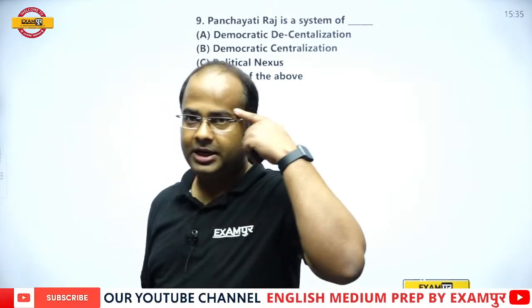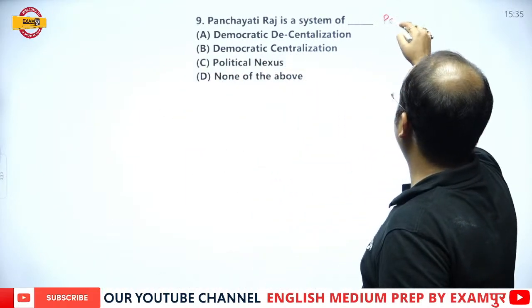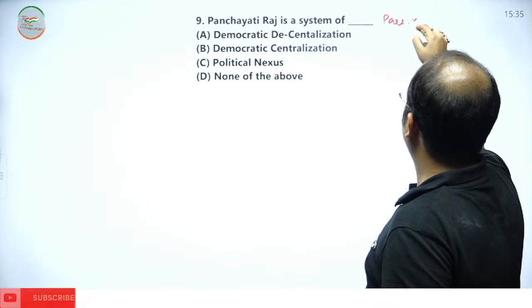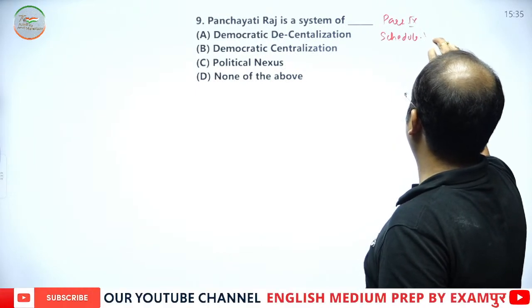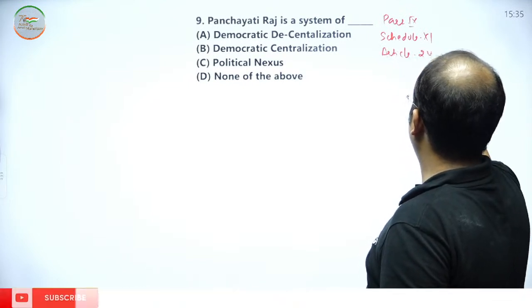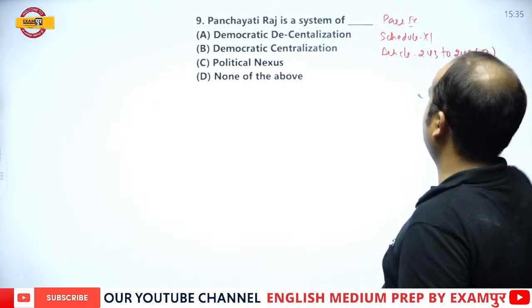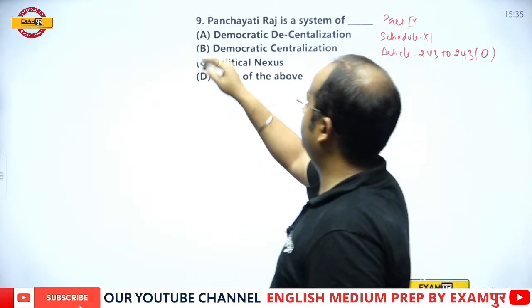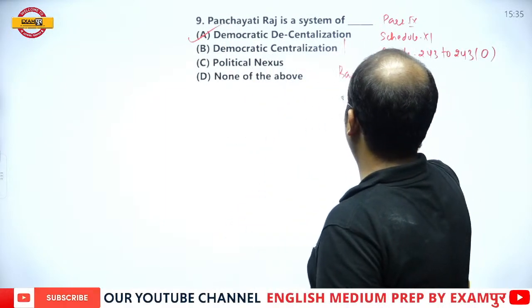Guys, Panchayati Raj is mentioned in Part 9, Schedule 11, Article 243 to Article 243O, and it is a system of democratic decentralization based on division of power.